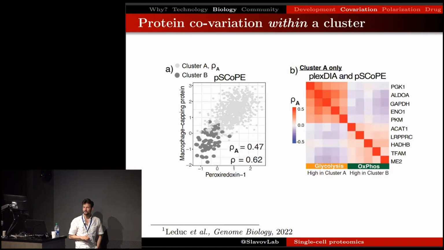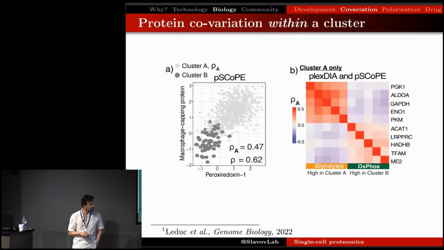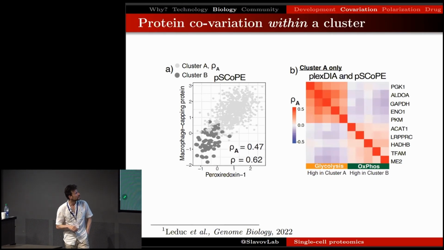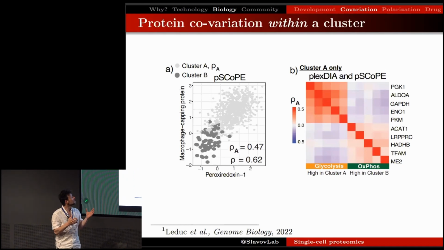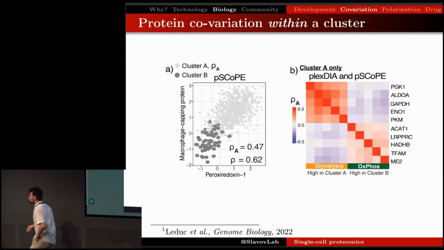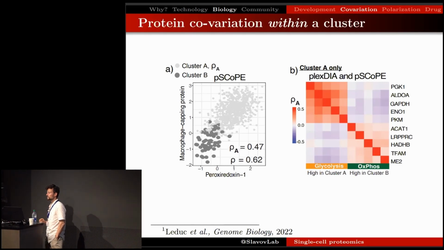Another example comes from the work of Andrew Leduc, where we looked at melanoma cells where we have two clusters, and one of those clusters is becoming primed for drug resistance.